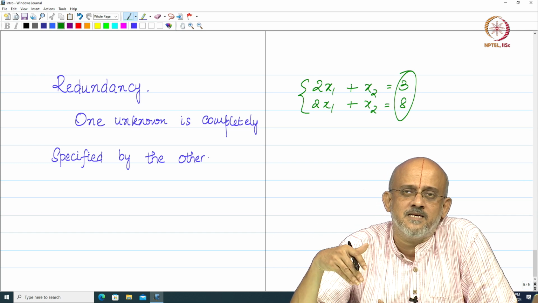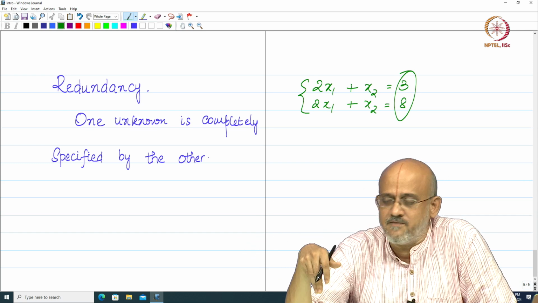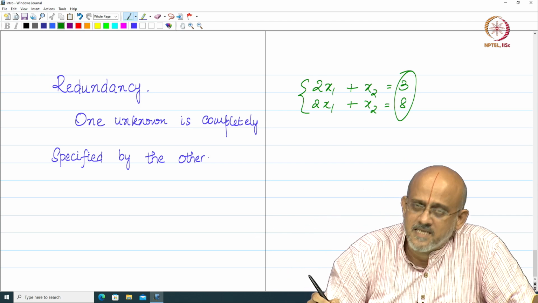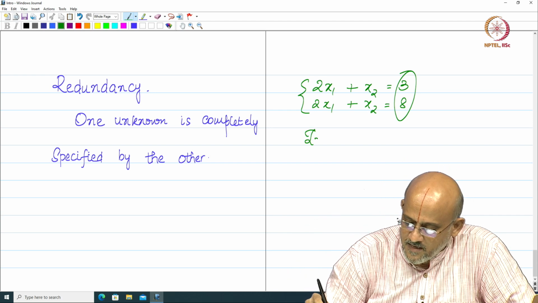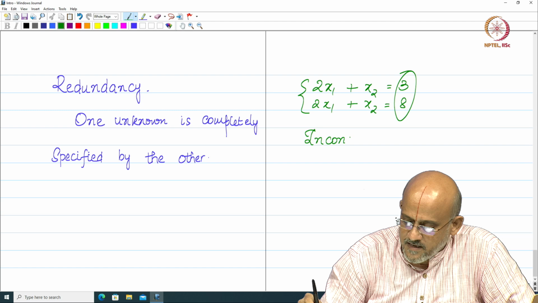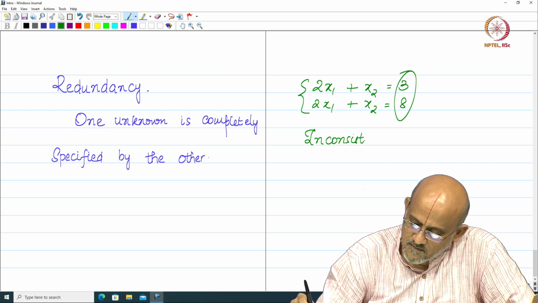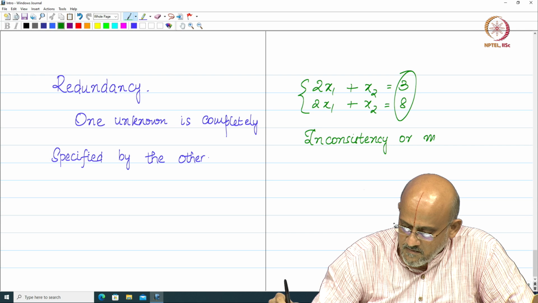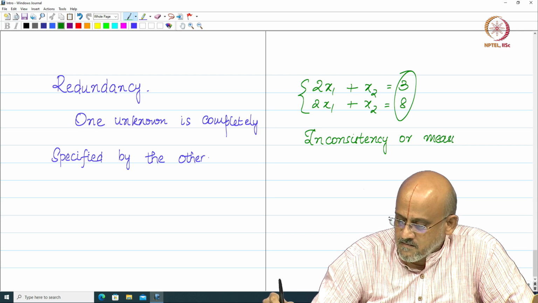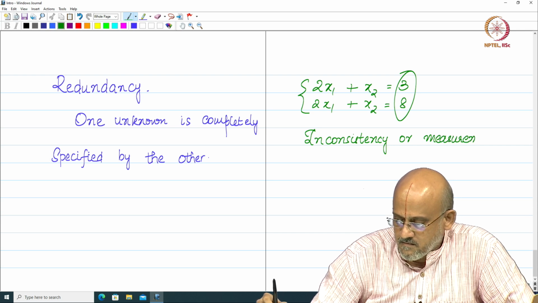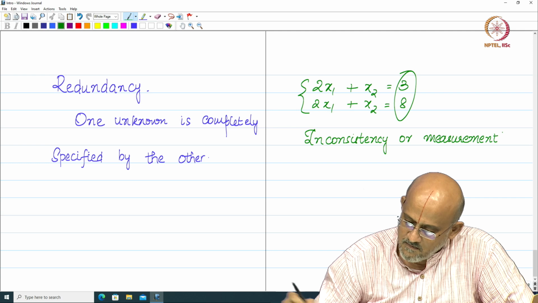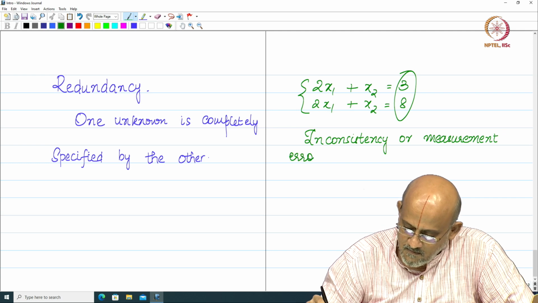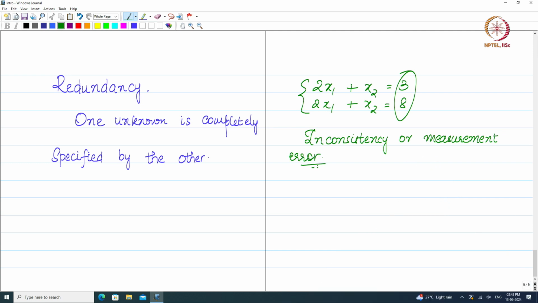The left hand side being the same, the right hand side has to be the same, instead we have the right hand side to be different, and this is exactly what we call inconsistency or measurement error. So whenever you have something like a measurement error, you will have no solution.